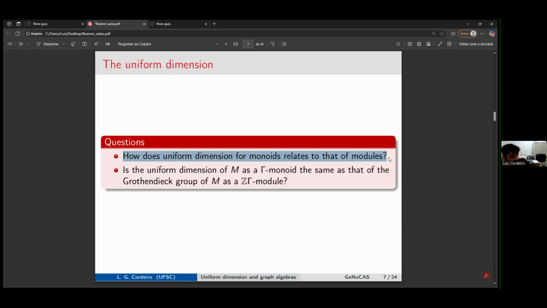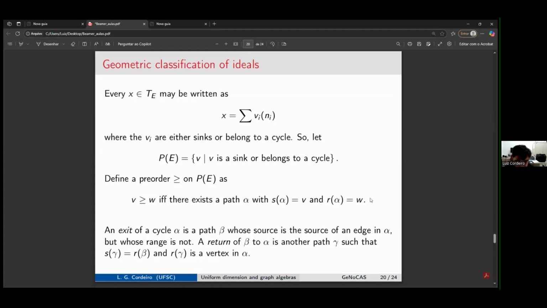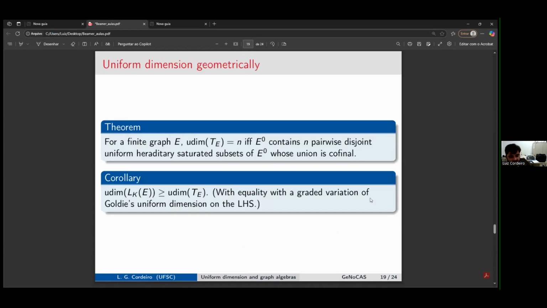But I think it's important to really have a counterexample if we use his original definition. So I guess we're talking about this one, the corollary, right? It should not be too hard to get an example with a proper inequality.